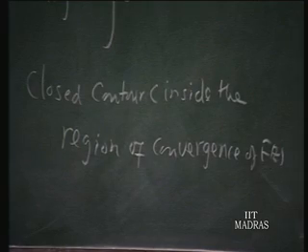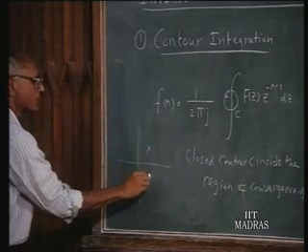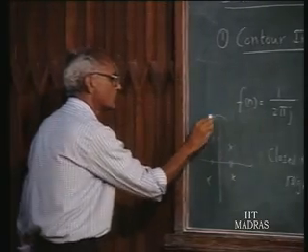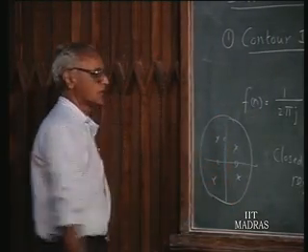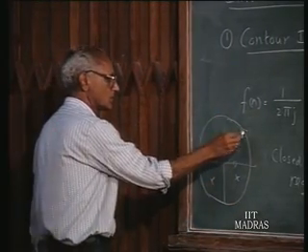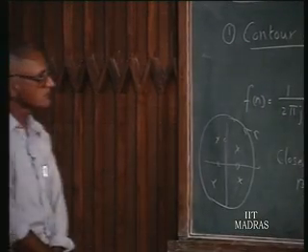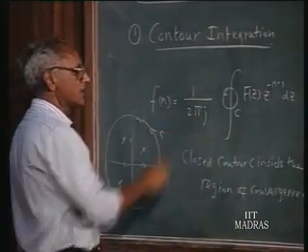So if F(z) has various poles, zeros and so on, you take a closed contour, usually a circle, and go around the contour in the anti-clockwise direction and do this integration.